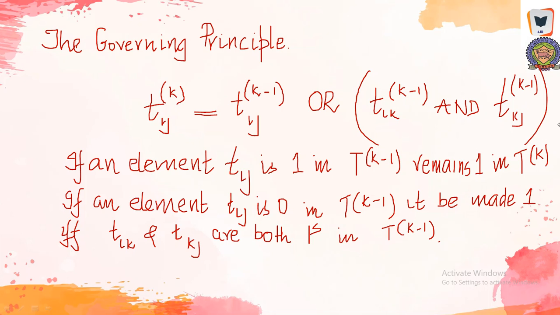If this is 1 and this is 1, then only it will become 1. If it is 0 over here in the earlier matrix and this turns out to be 1, this will be selected.